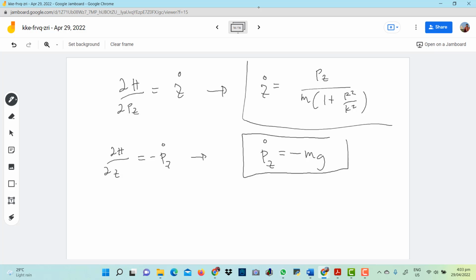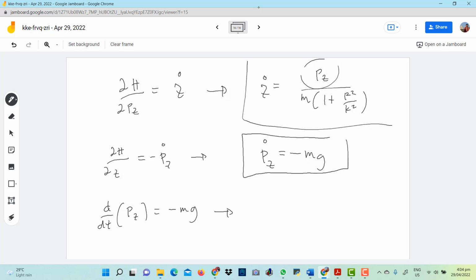So, as you can see, pz dot can be expressed as dp/dt, so d/dt of my pz is just equal to minus mg, and we know pz here.